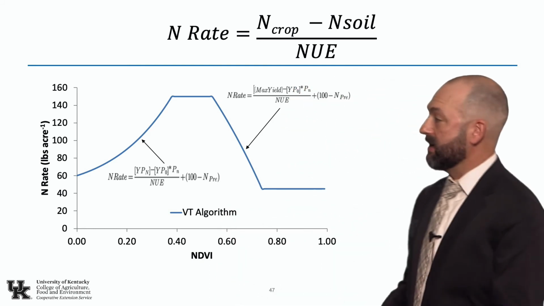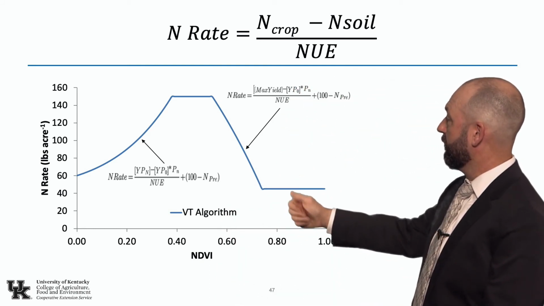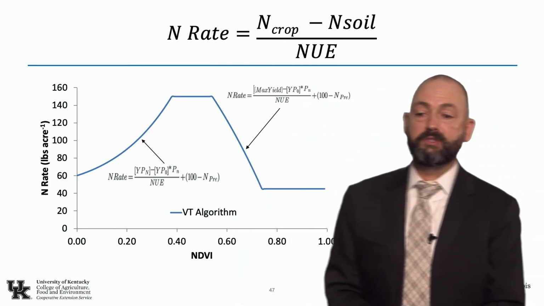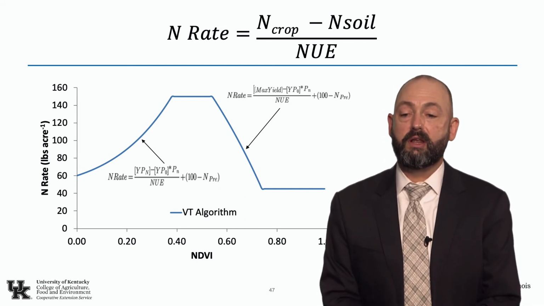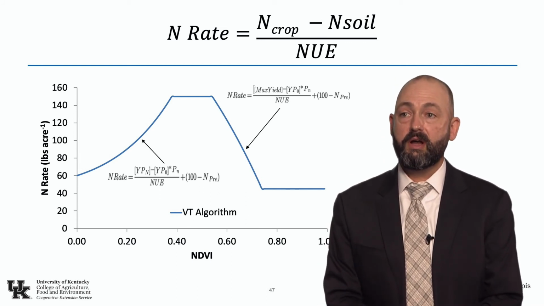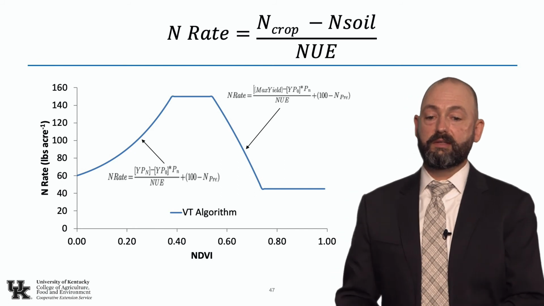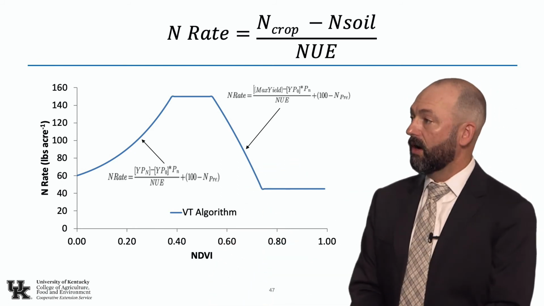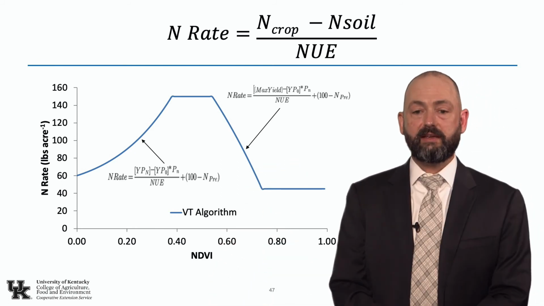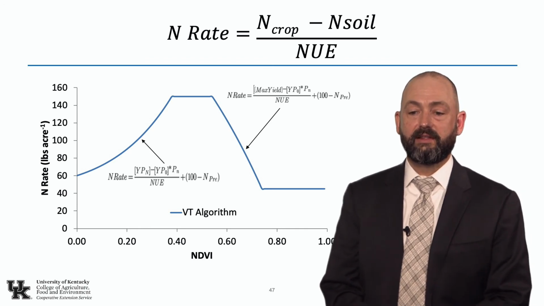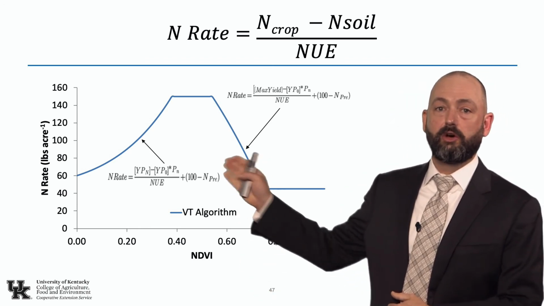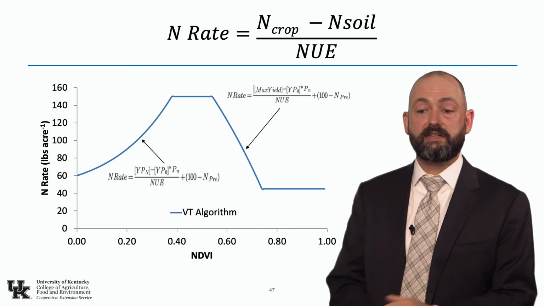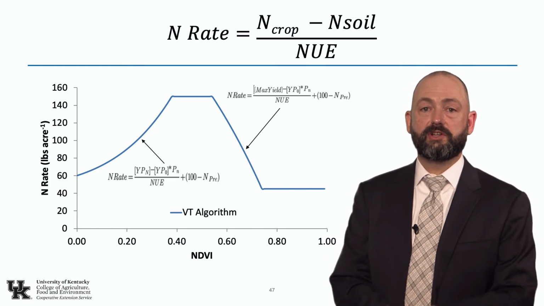What we see is the difference between the two, and we multiply that times the nitrogen content in grain, and we put in a nitrogen use efficiency number, and we get this total nitrogen requirement. We take the yield with nitrogen minus the yield without nitrogen, that difference, times the nitrogen content in grain.